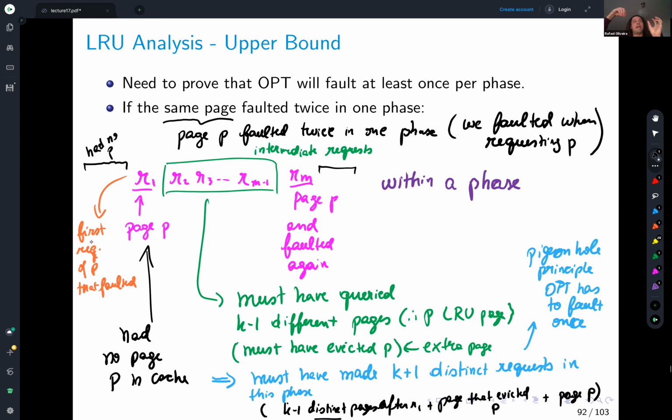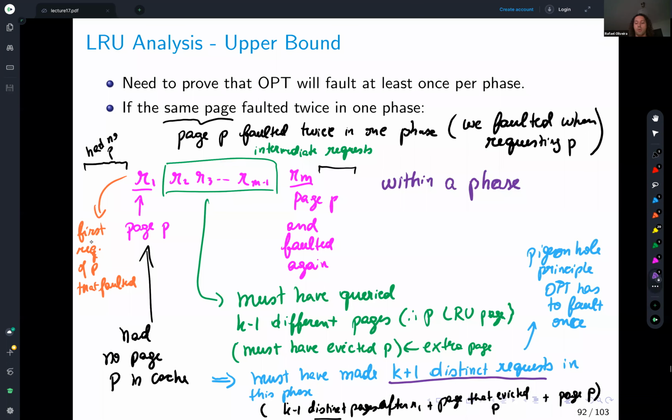And we have one page that will evict P. This page was not in the cache at all. So those are k pages, right? So we queried k pages plus we queried P, right? So we actually made k plus 1 distinct requests in the phase. Okay, sorry, I was conflating some things here. Does that make sense?